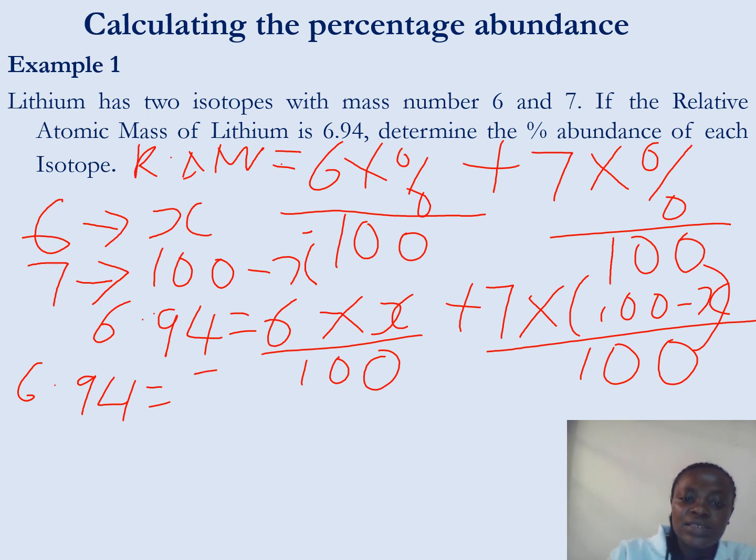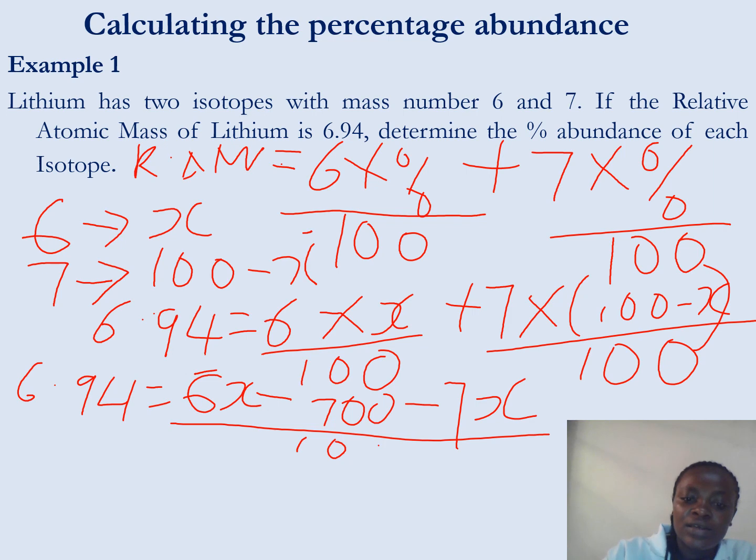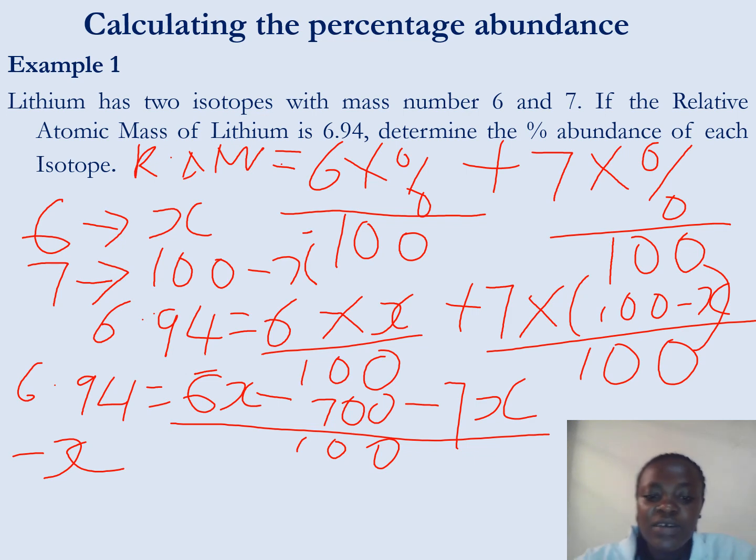So this would be 6X minus 700. We open that bracket, 7 times 100, then minus 7 times minus X will be 7X. So divided by 100, here we are going to get the value of X. 6X minus 7X, that is minus X, will be equal to 6.94 times 100, that is 694.